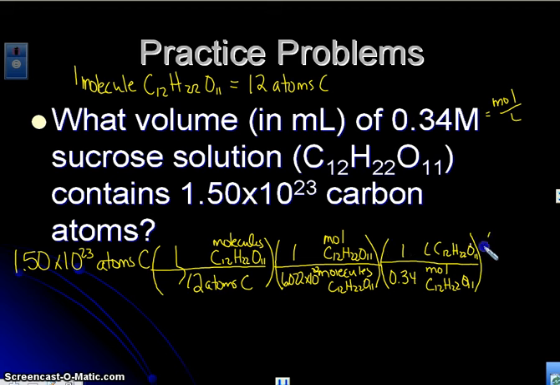You can do that in your head, or we can just tack on another conversion factor here to go from liters of C12H22O11 to milliliters. Remember that we use our scientific notation with our base unit. Our scientific notation with milli is 1 times 10 to the negative 3. So if you do that, you should get 61 milliliters. Remember, there are only 2 significant figures in your concentration, so that's why you end up with 2 sig figs.